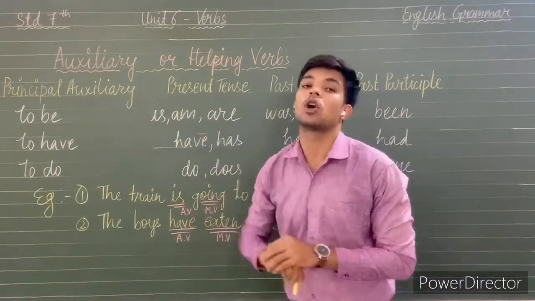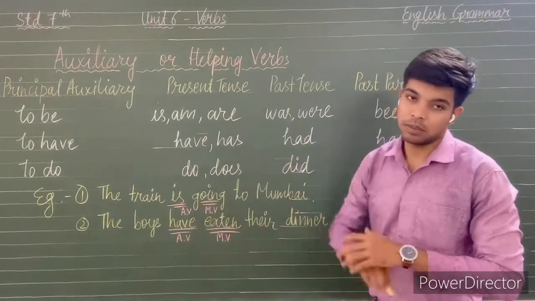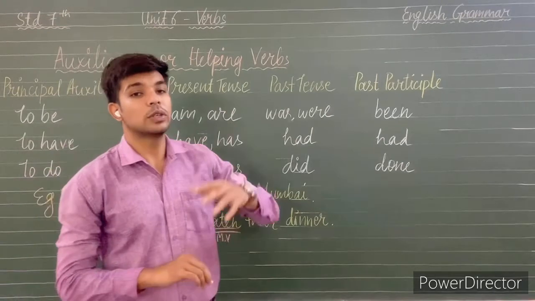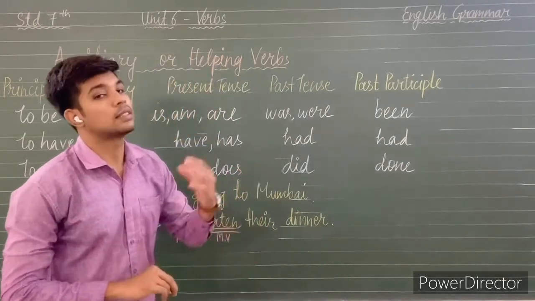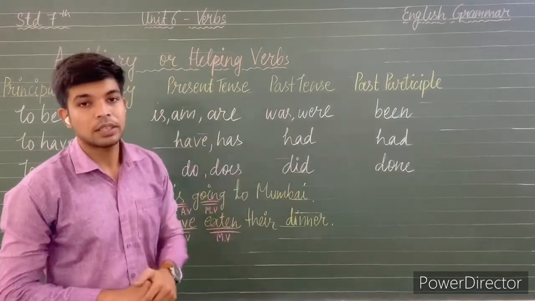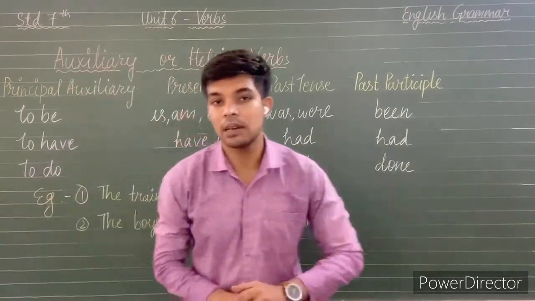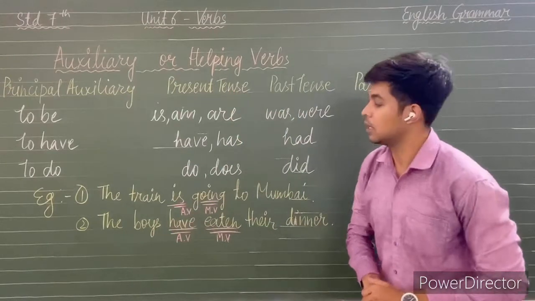Auxiliary verbs are also known as helping verbs. The sentence contains two different verbs. The first is the helping verb and the other is the main verb of the sentence. To understand it better, look at this example.